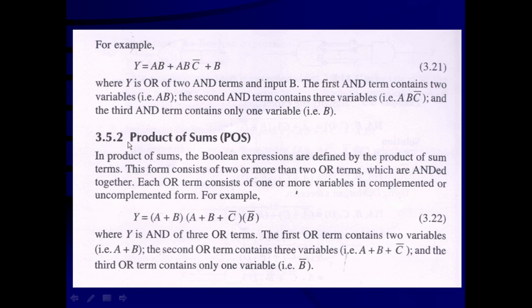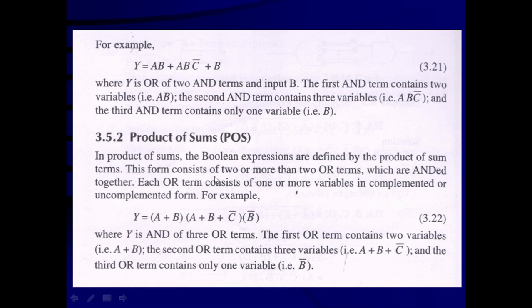Now, the second way of expression of logical operations will be like this: product of sums. In short, it is known as the POS method, or product of sums form. In product of sums, the Boolean expressions are defined by the products of sum terms.